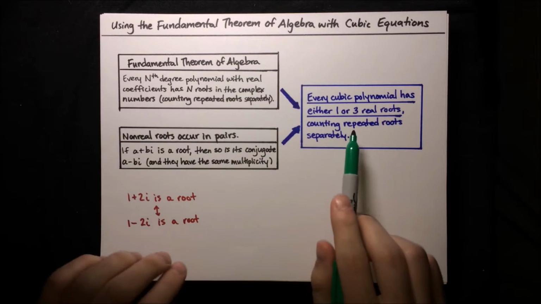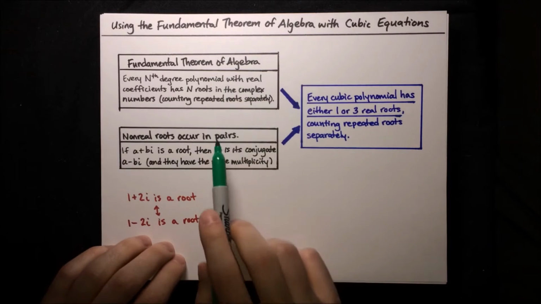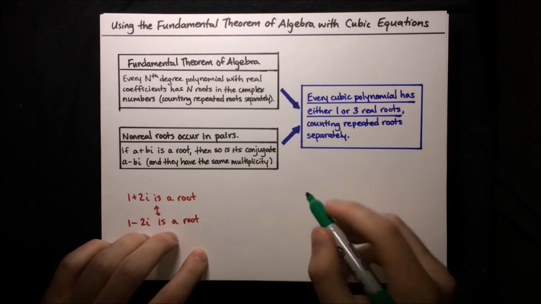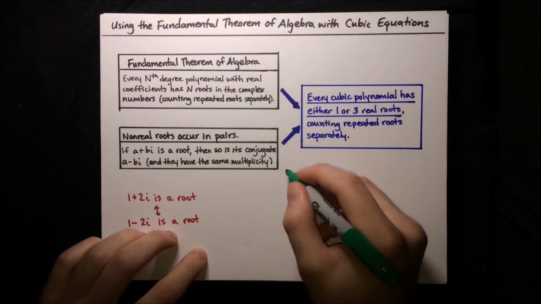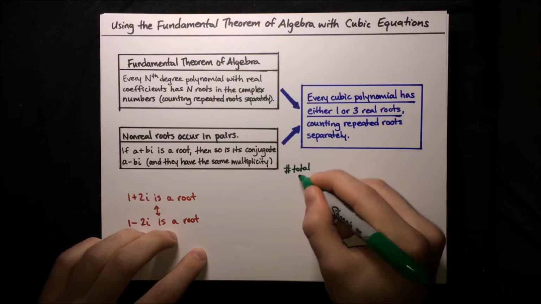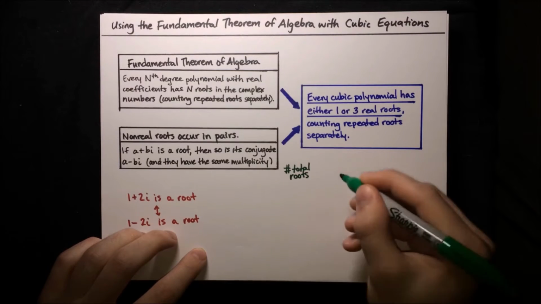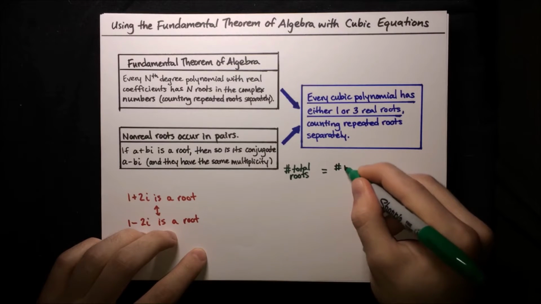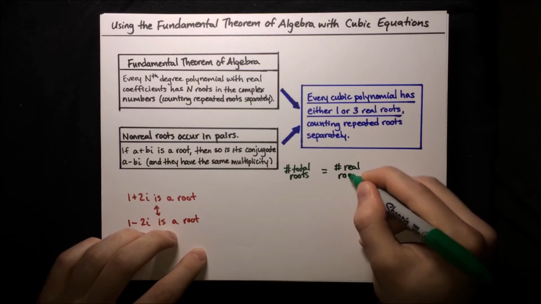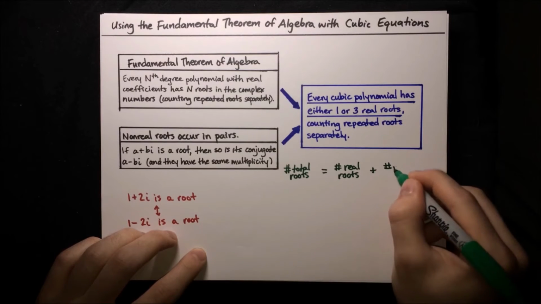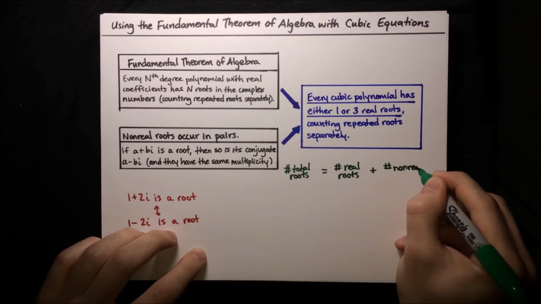Now let's talk about why that is the case. How do we get from these two ideas to this conclusion? Well, let's start out with one fact: the number of total roots of a polynomial is equal to the number of real roots plus the number of non-real roots.